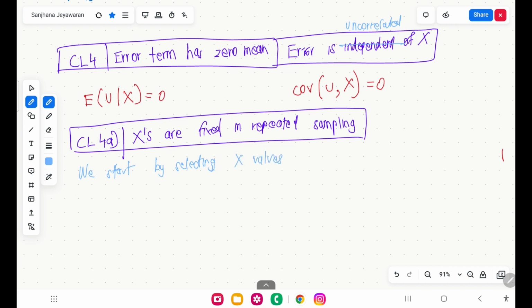Then for each chosen value of x, we select a sample of y values. So because of that, we can say x's here are considered to be fixed, and therefore they are called non-random.